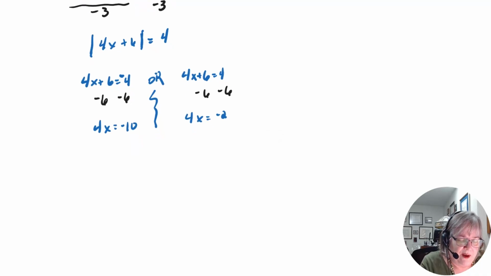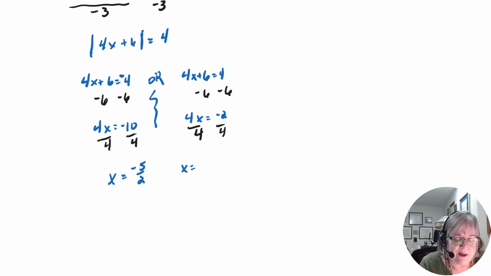Then we're going to divide by 4 so that I can get x by itself. And you're more than entitled to work these at the same time, just as long as you keep track of what you're doing. So x is -10 fourths, which reduces to -5 halves, or x is -2 fourths, which reduces to -1/2. And these are your answers.